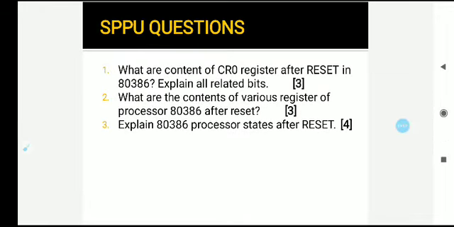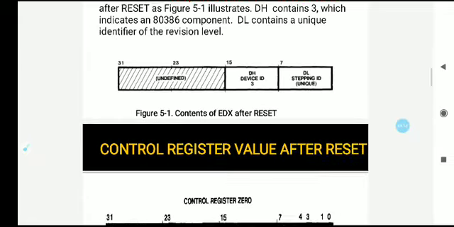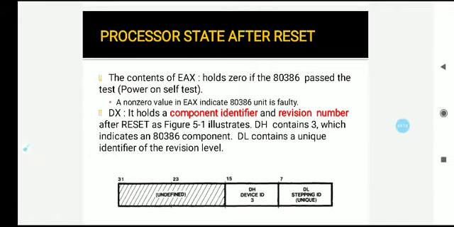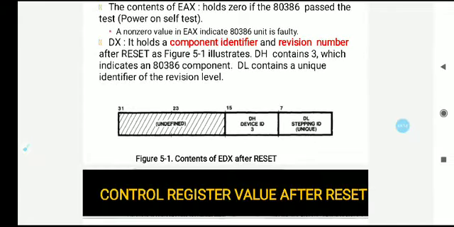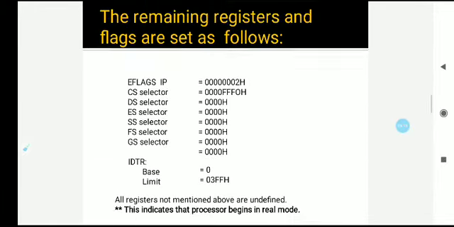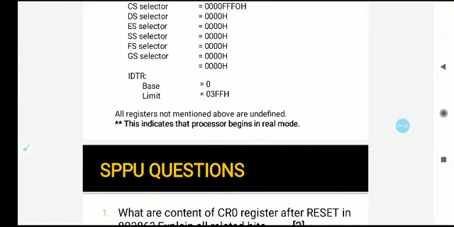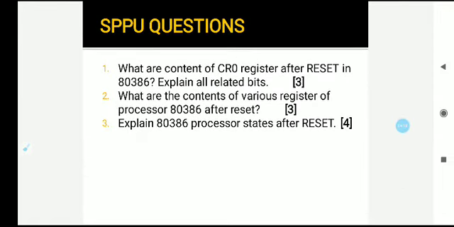Then second question, what are the contents of various registers of the 80386 processor after the reset? So you have to explain all this content, such as the AX register, DX register, then control register, and the remaining registers, code segment, flag register, IDTR values.